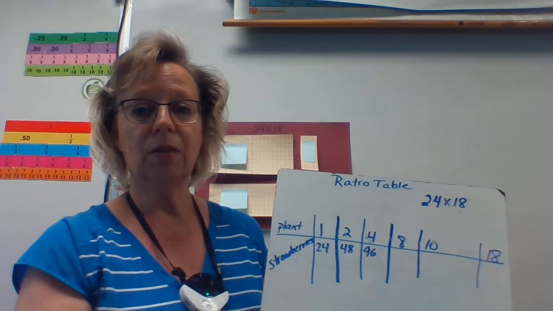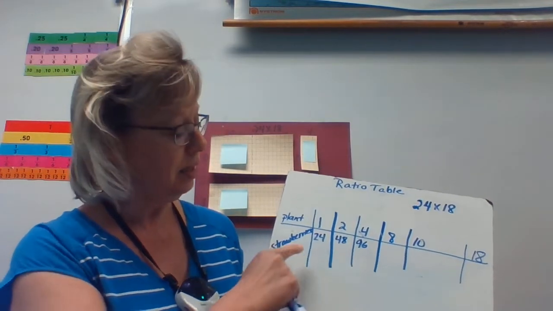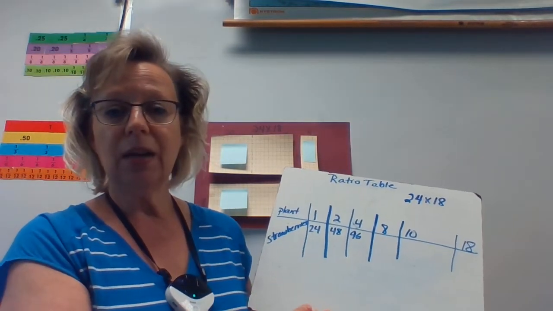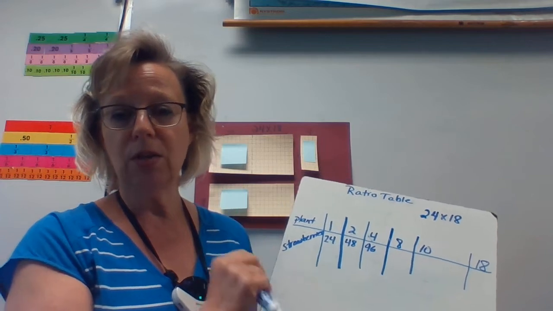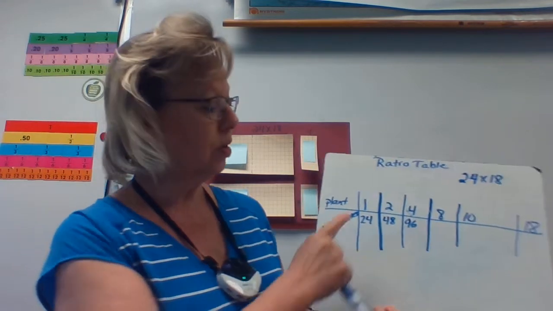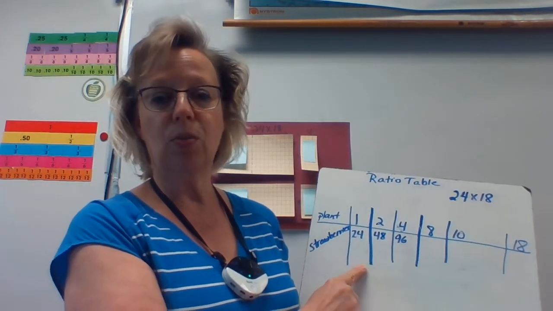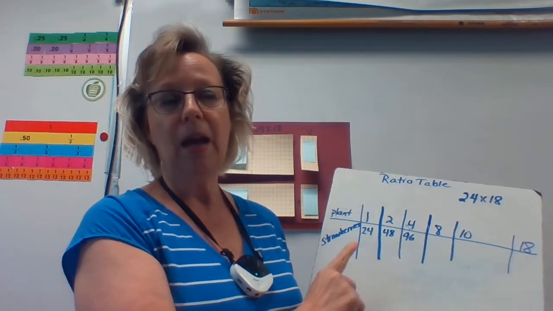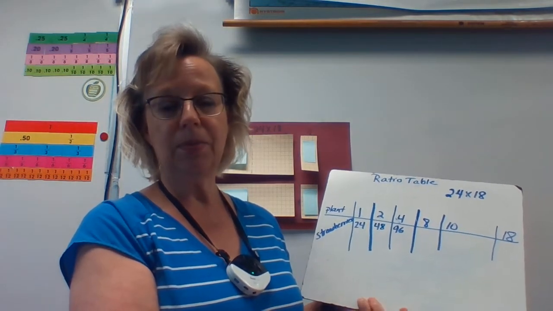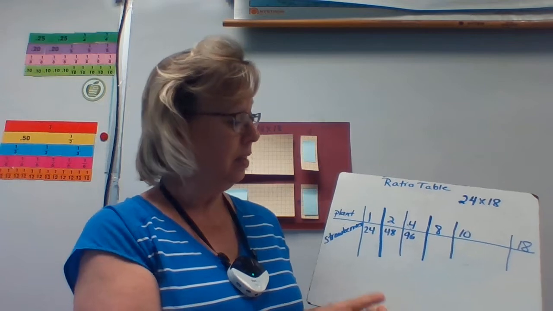Now earlier in the week, Monday, you practiced using a ratio table. If you were using the ratio table to solve 24 times 18, I'm going to think of the problem like this: if I bought one strawberry plant and they told me at the store that one plant would give me about 24 strawberries, and I buy 18 plants, about how many strawberries will I get?